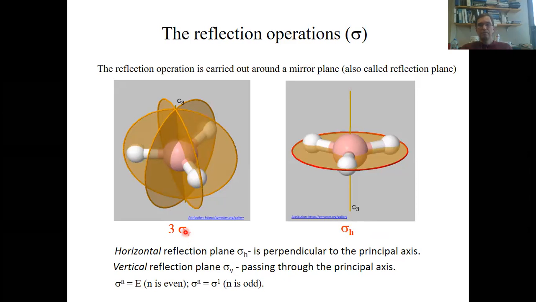A vertical mirror plane contains the principal axis. So this is illustrated here for the example of the BH3 molecule, which is a trigonal planar molecule. So the principal axis of the BH3 molecule is a C3 axis standing here.